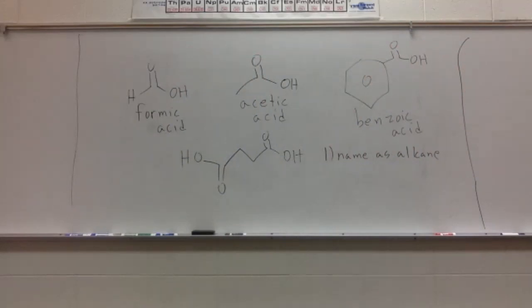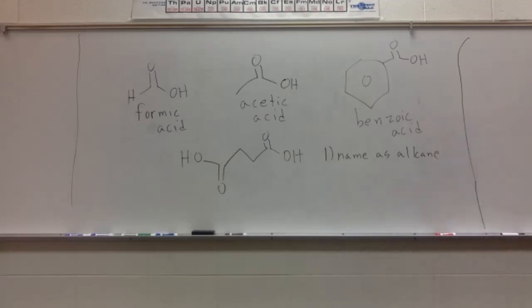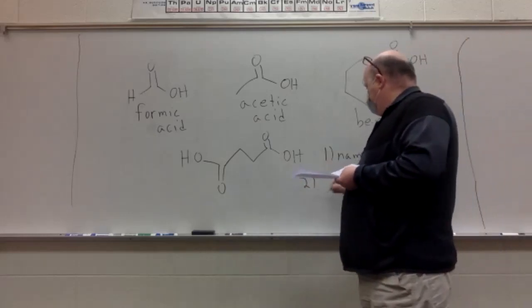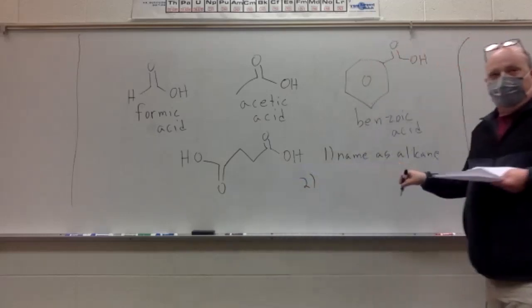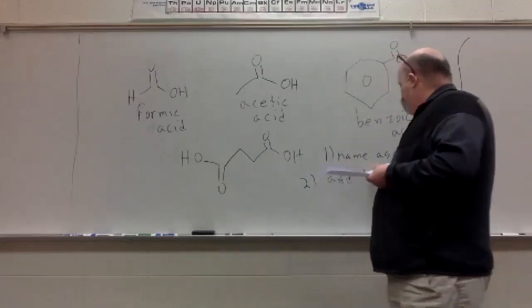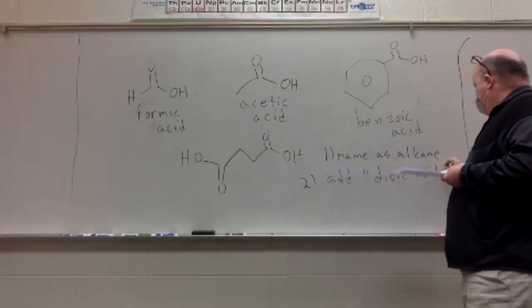You have to pick out the chain that has both carboxyl groups in it, right? So like this one, it's a 4-carbon chain. It's got both your groups in it. This one's a little bit different though. What you do is you just leave the alkane name alone. And then you add the suffix dioic acid.